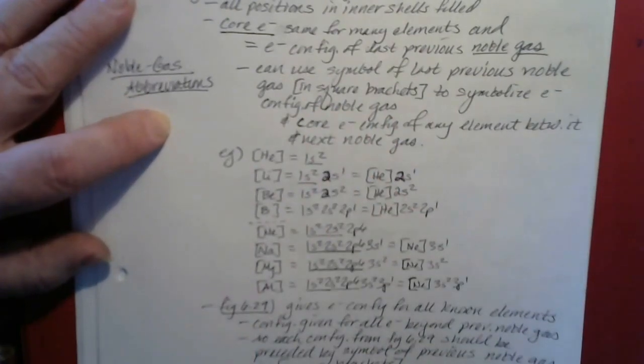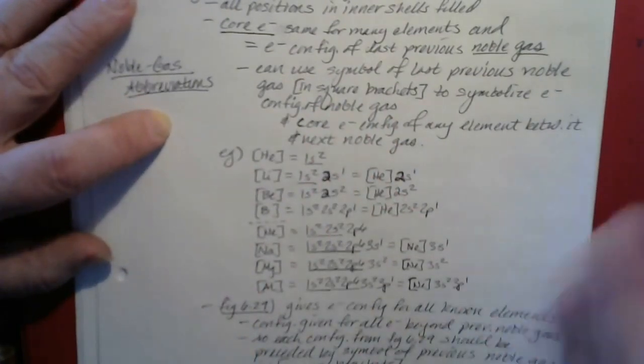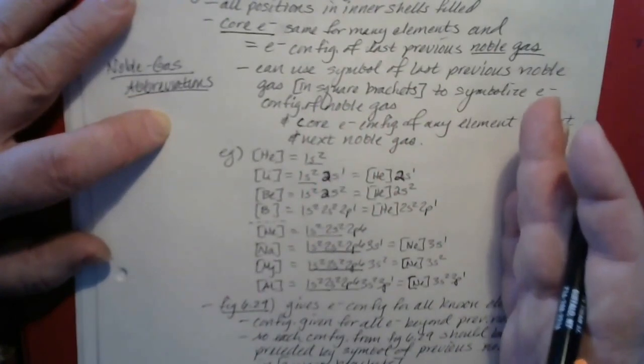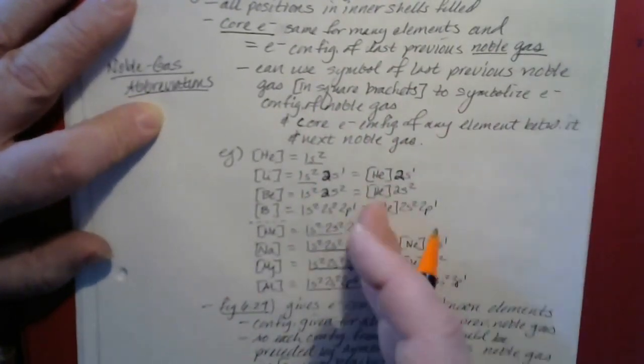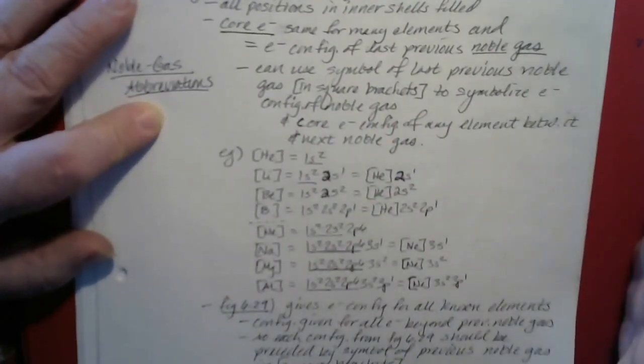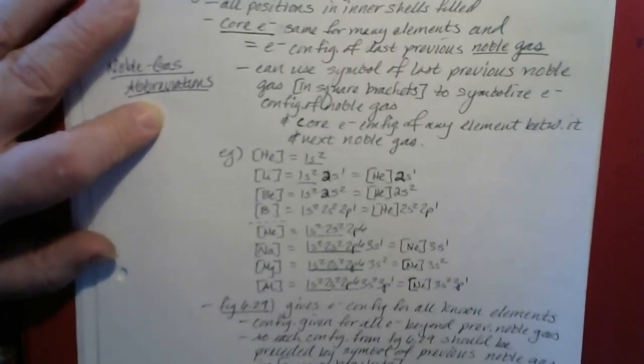And then for the element you're interested in, just add the electrons that it has beyond those of the last previous noble gas.